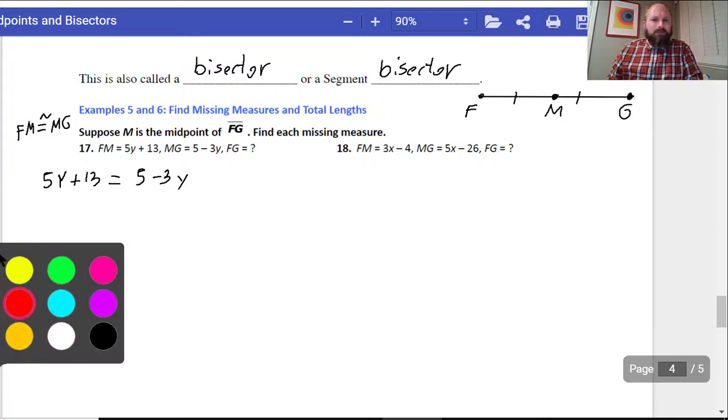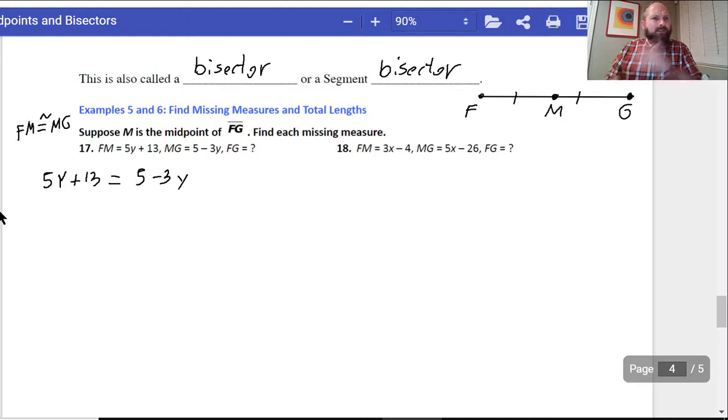All right, so let's go. I'm going to get all the y's to one side. I'm going to add 3y to both sides because I hate negatives in math. I get 8y plus 13 is equal to 5. Now I'm going to subtract 13 on both sides. I might find this a little hard: from 5 to get up to 13 would be 8, but it's negative.